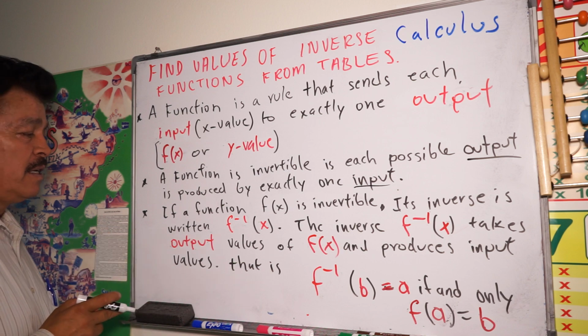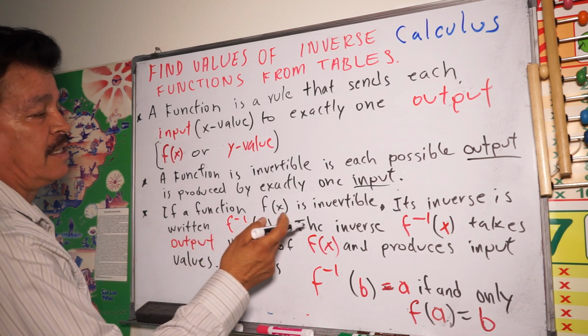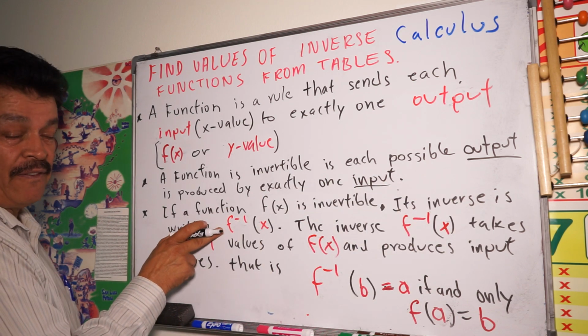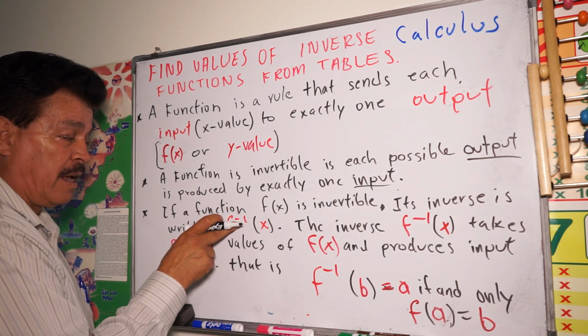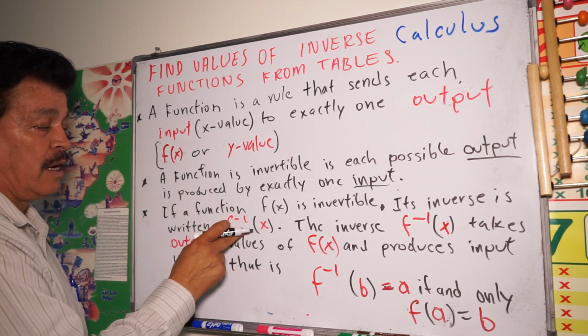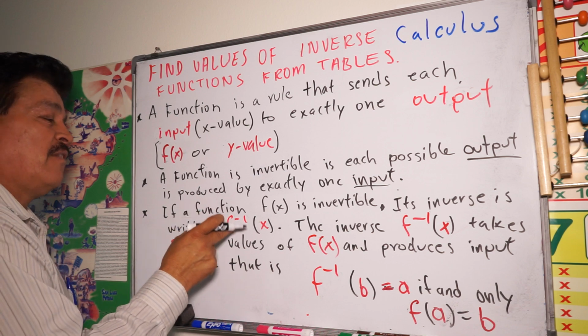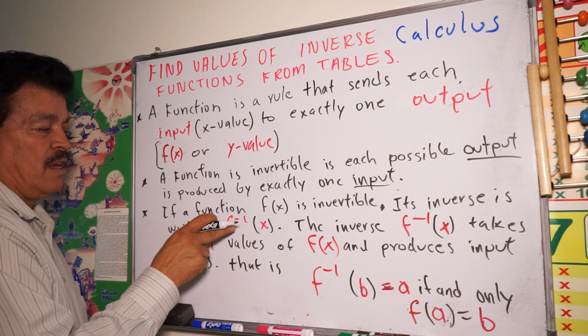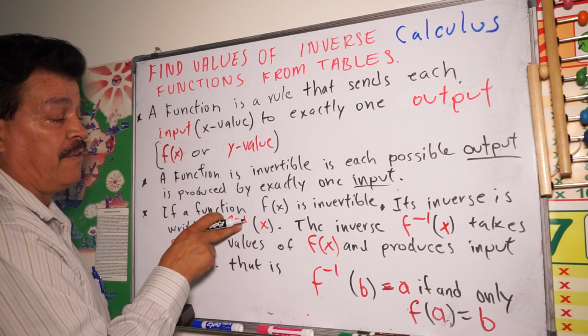The third one: if the function f(x) is invertible, it is written f to the minus 1 power of x. I mean, this is f inverse. Remember, I taught this before.